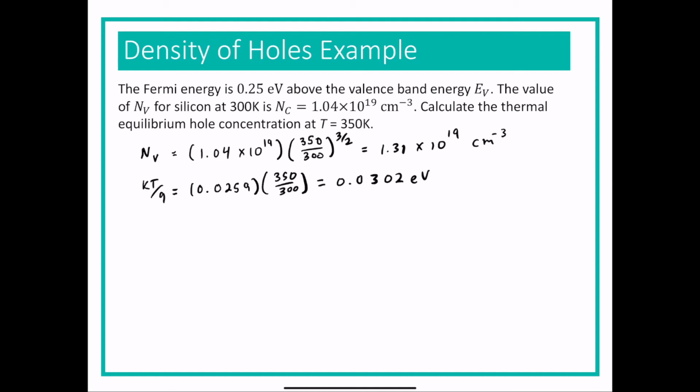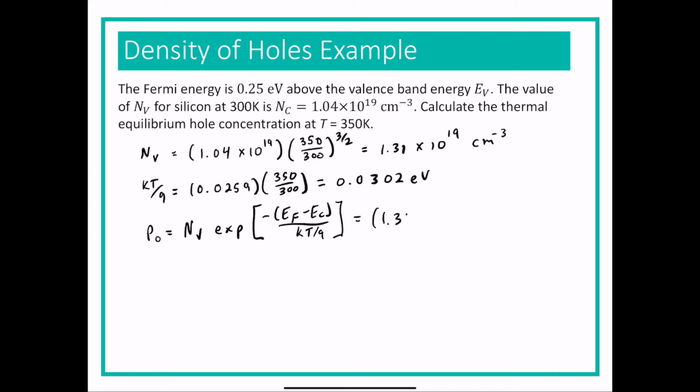So this means that the number of holes is going to be the density of states value times the exponential of minus EF minus EV over KT. And remember, that's really KT over Q to put it in electron volts.